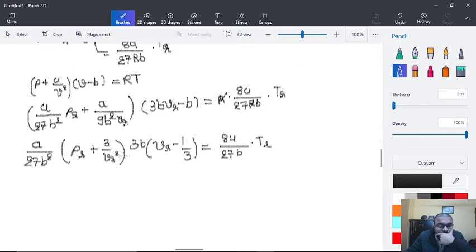So here b square will get cancelled with this b and this b, 27 will go, a will go.